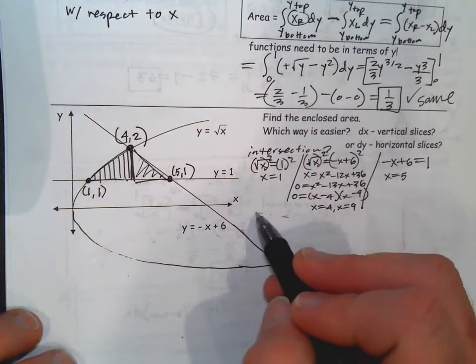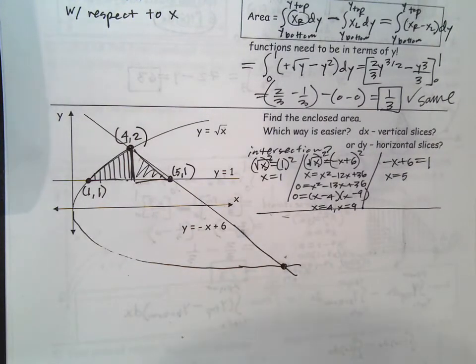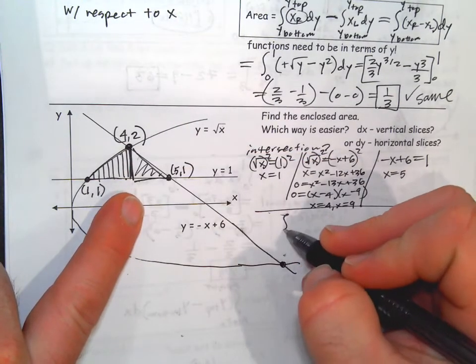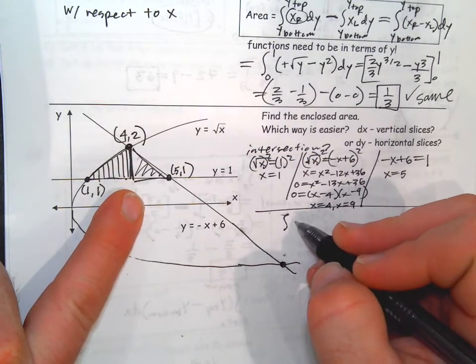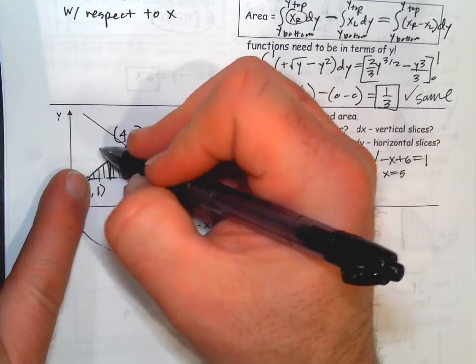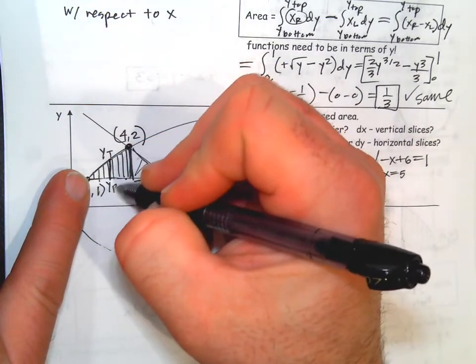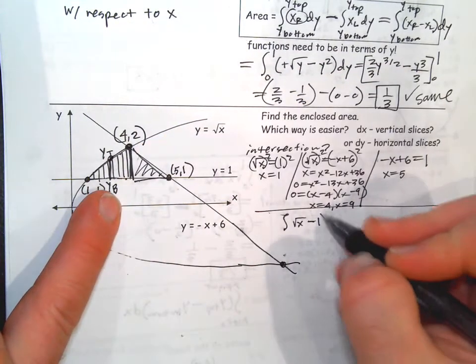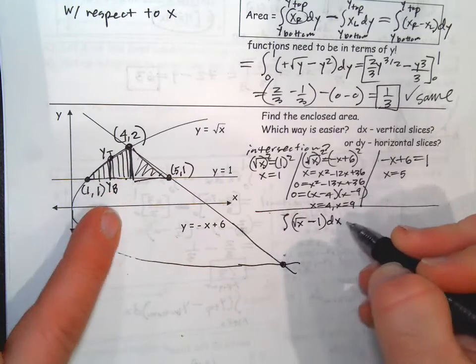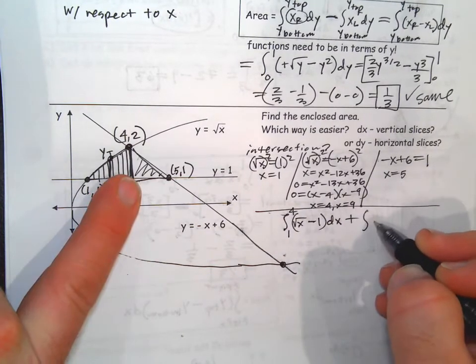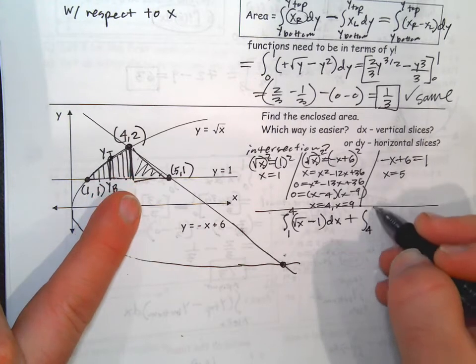So we did that. Now, to find this area, we're going to have to do y top. If you look at one slice, it's y top minus y bottom. And y top is square root of x. Y bottom is 1. And we're going to integrate with respect to x, and we're going to go left to right from 1 to 4. That's going to give you that area. And the next area is going to be 4 to 5.